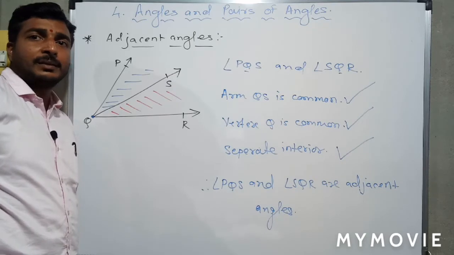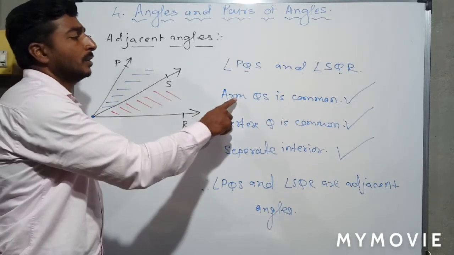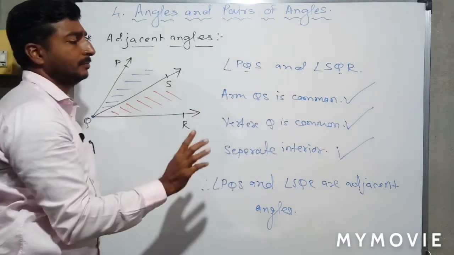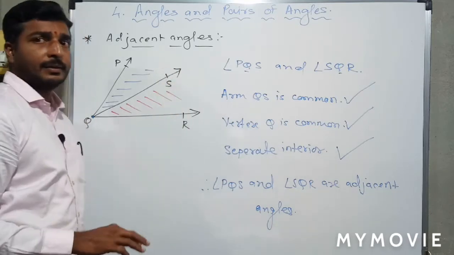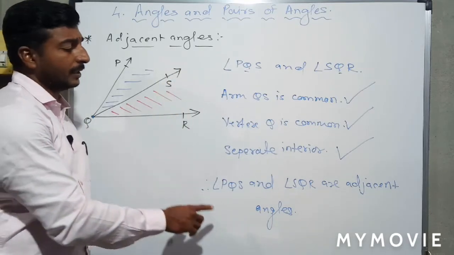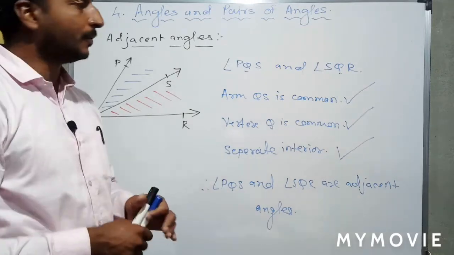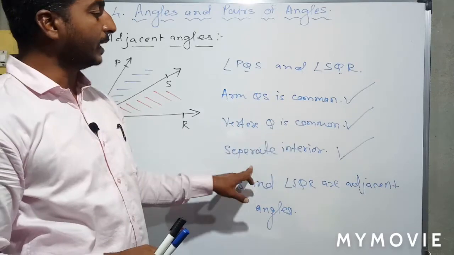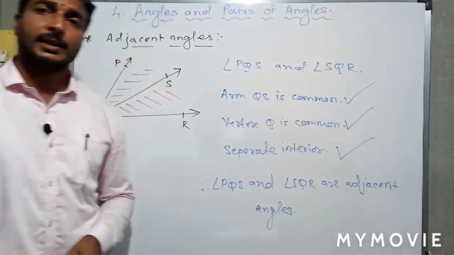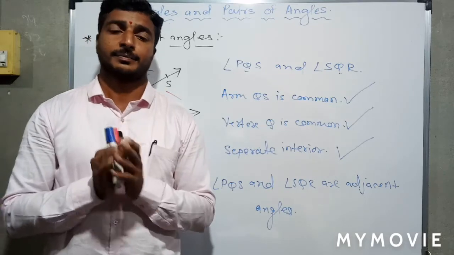If two angles have a common arm, a common vertex and separate interiors, then the two angles are said to be adjacent angles. These are the important points for adjacent angles: a common arm, a common vertex and separate interiors. Then we can say that the two given angles are adjacent angles.